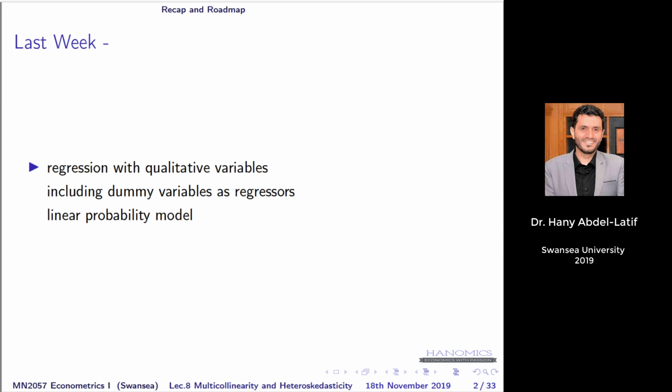Remember the way we defined female as a dummy variable, it takes 1 if the individual is a female and 0 if the individual is a male. So male here is my reference group, or the group I'm comparing with. Call it a benchmark group, call it whatever you want, but at the end of the day this is the group that we compare with.